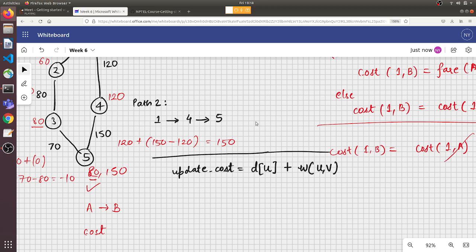So you want to relax the edge u comma v. So that was the update cost, and then you would check if distance of v is greater than the update cost, then you would update distance of v.